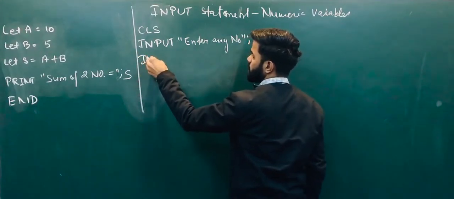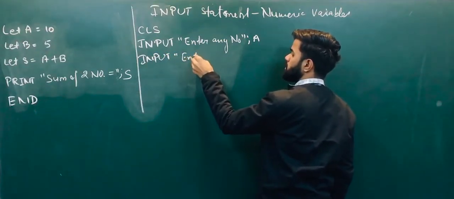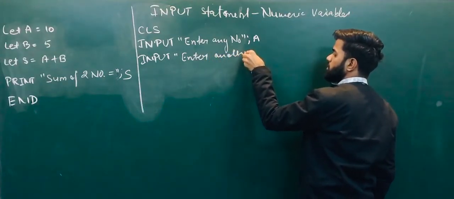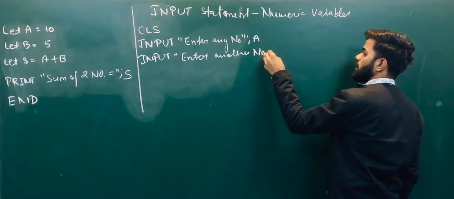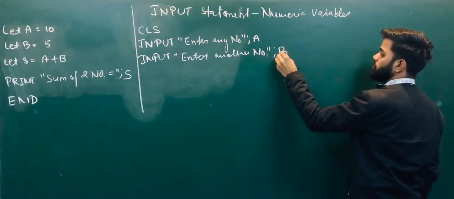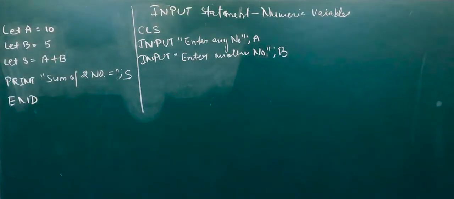Now in the next statement, "enter another number", and this number is also stored in variable b. Now there is a variable a and the other variable is b.